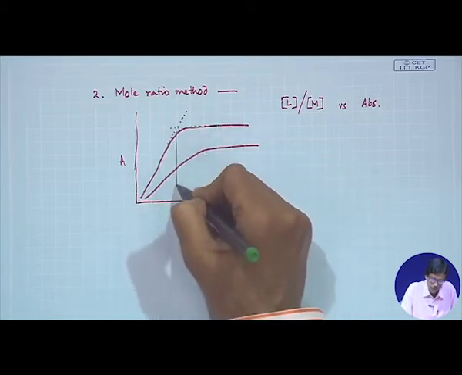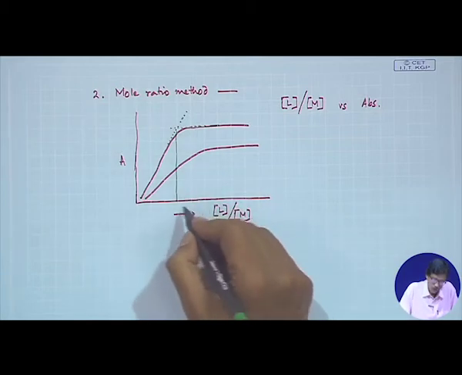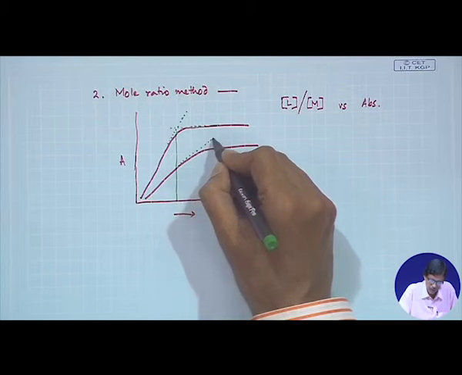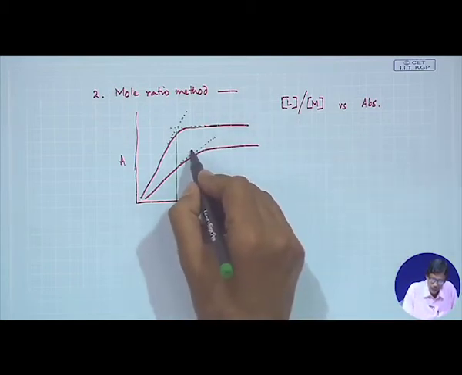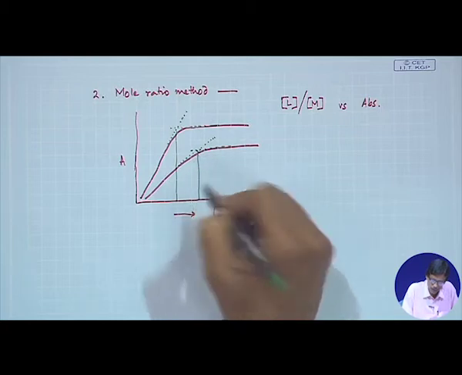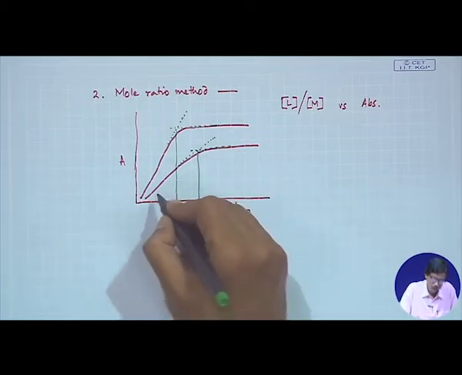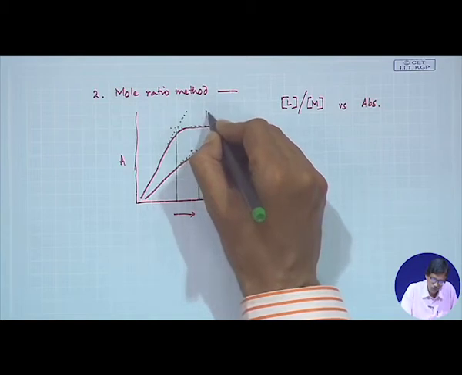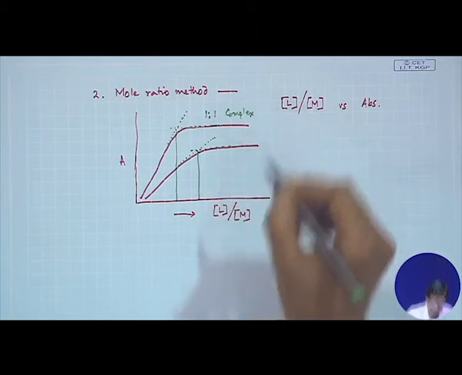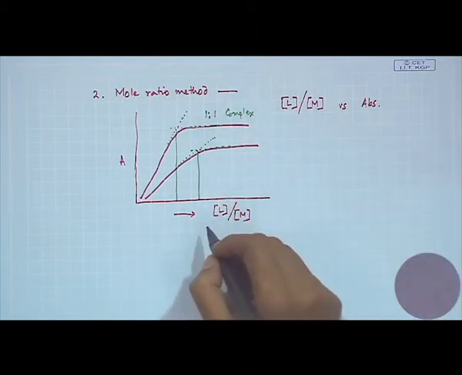So, this is one such magnitude, and if we go for the second one, this is also one thing. The first one is for a 1:1 complex, that means the mole ratio is equivalent.